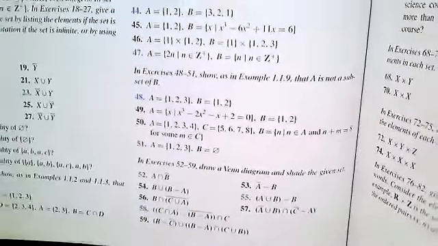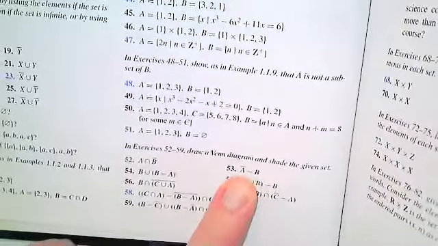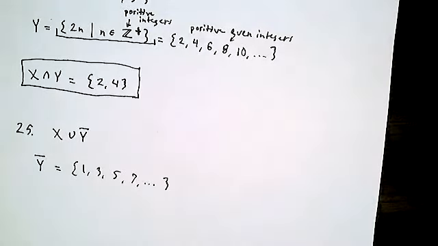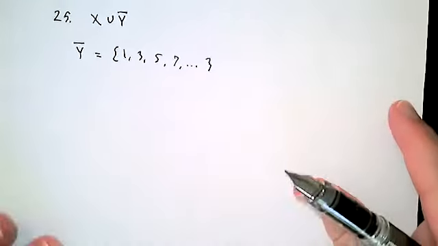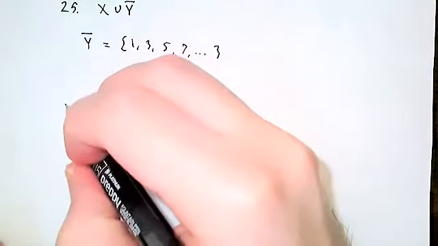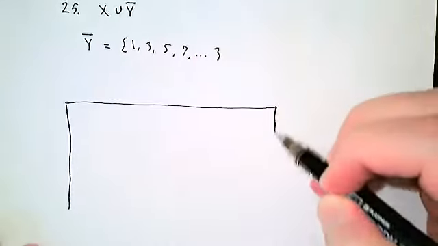And then I believe 53 is down here. So it's the complement of A, and then you're going to subtract B. What you want to do to answer this question is to start by drawing a Venn diagram like I did in the notes.